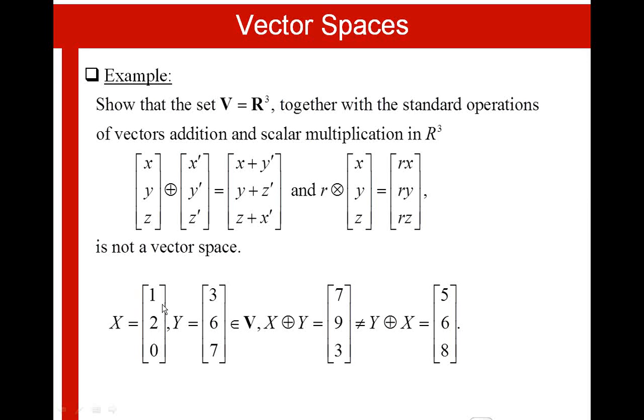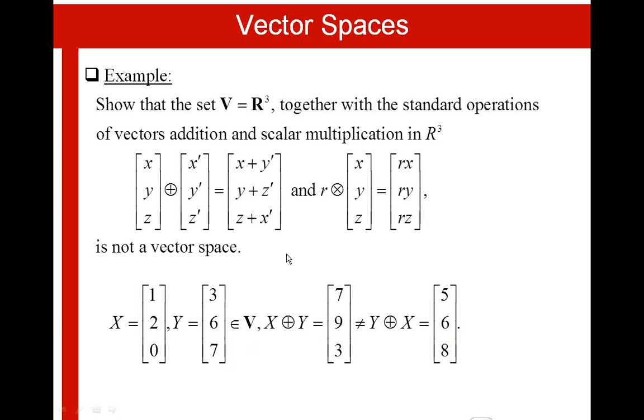Let's take an example to show whether this is a vector space or not. If x is equal to (1, 2, 0) and y equal to (3, 6, 7), and both of these vectors belong to V in R3. Now, if this set is a vector space, then x plus y must be equal to y plus x.